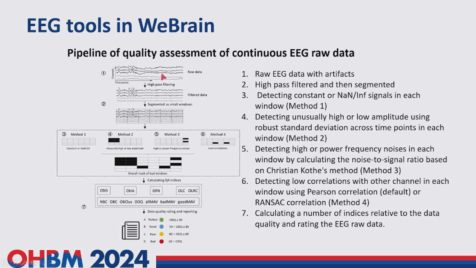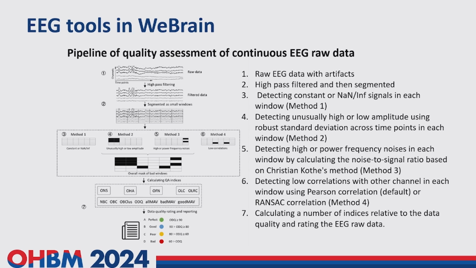Okay, next, I'll show you some EEG pipelines available in WeBrain. The first is the pipeline of quality assessment of continuous EEG raw data.